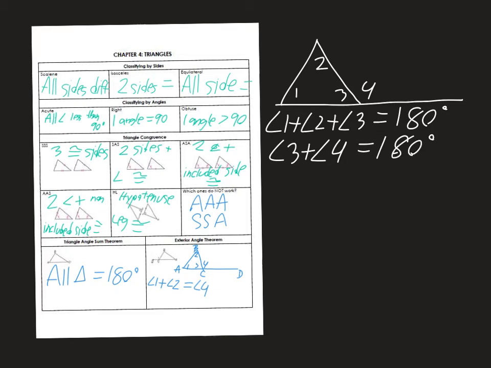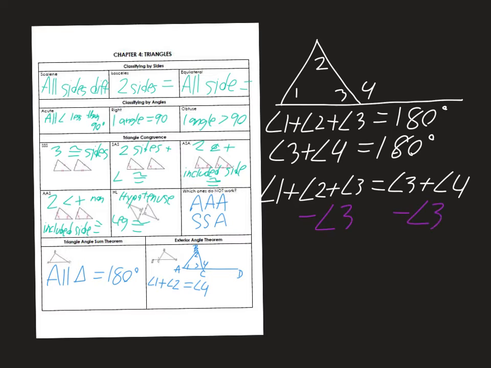Well, since they both equal 180 degrees, we can set them equal to each other. Angle 1 plus angle 2 plus angle 3 is equal to angle 3 plus angle 4. And look, we've got angle 3 on both sides. So if I subtract angle 3 from both sides, I end up with my exterior angle theorem. Angle 1 plus angle 2 must equal angle 4.